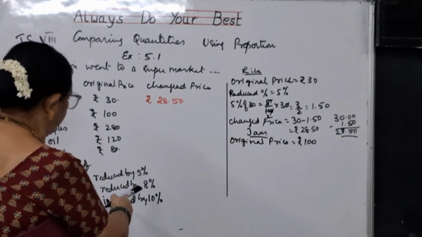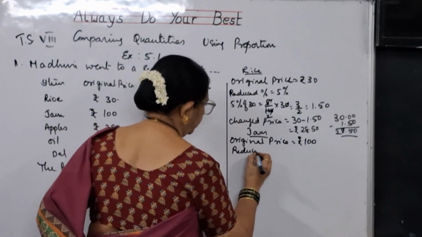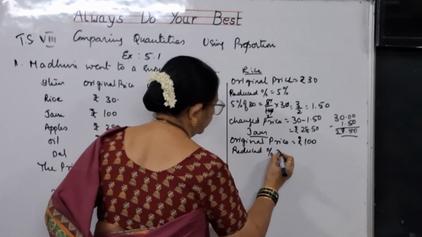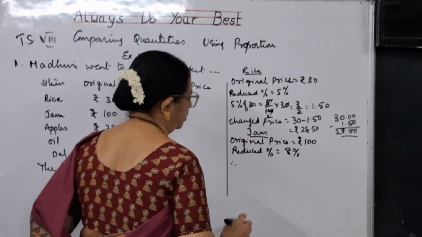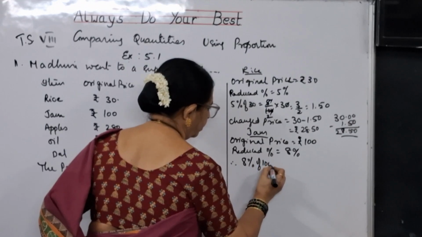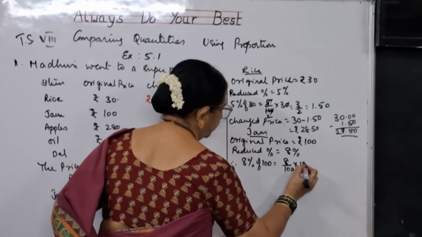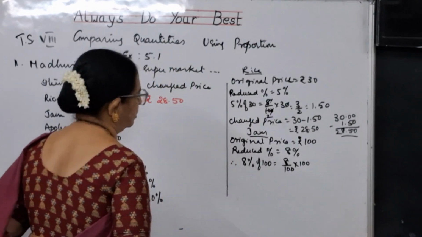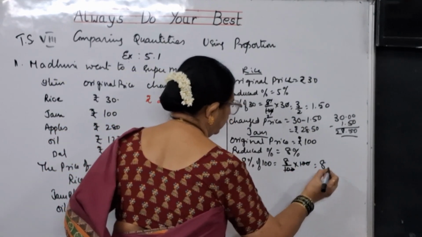Jam and fruits reduced by 8%. So reduced percentage is 8%. So first, how much amount is reduced? 8% of 100. That is 8 by 100 into 100. 8% of 100 means these two will get cancelled, that is 8.